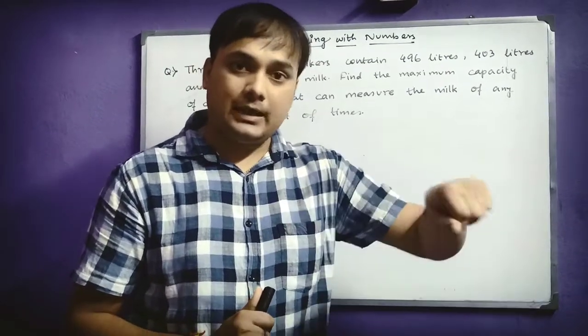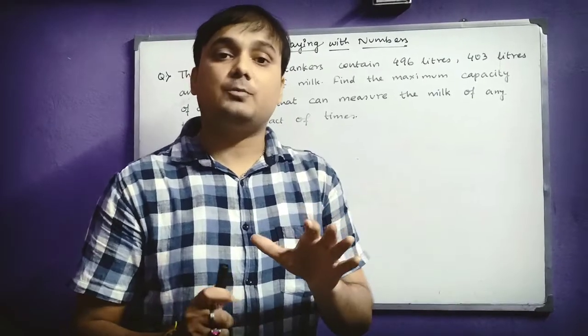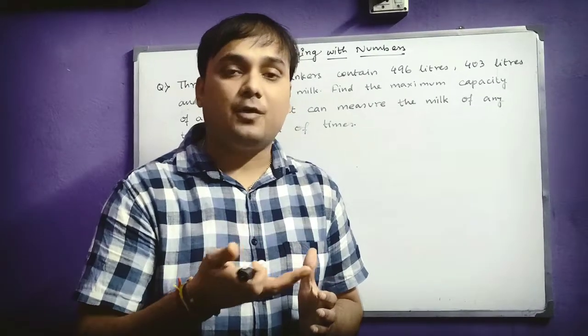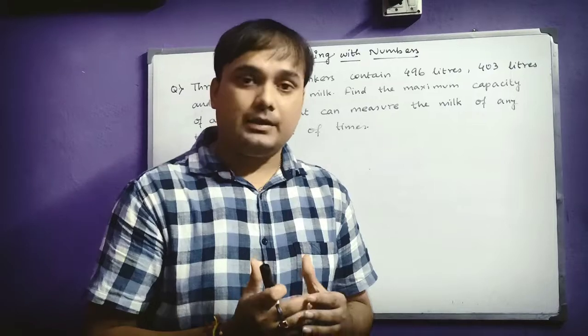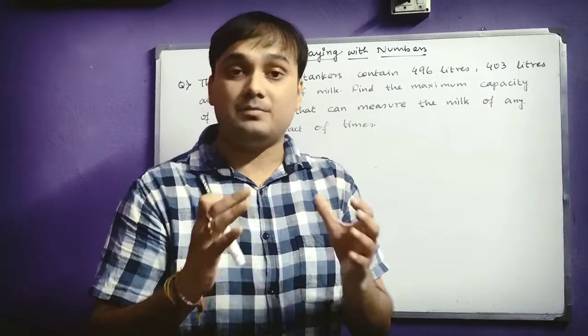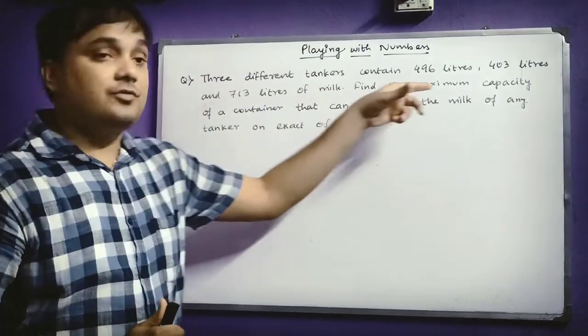That means 1 time, 2 times, 3 times, 4 times, 5 times also. That means there should be no time where I will be getting half of the container or 1/4 or an unfilled container. That means a completely filled container, a different number of times from any of the 3 tankers.